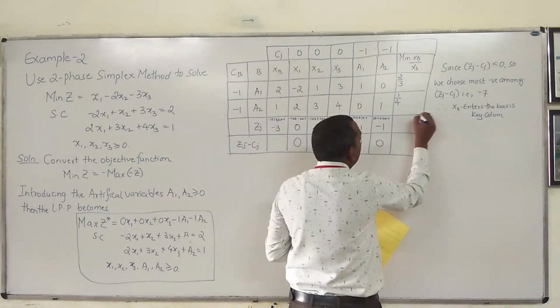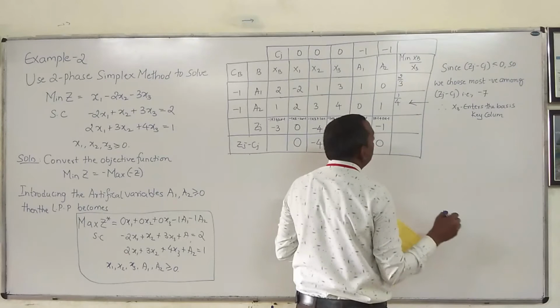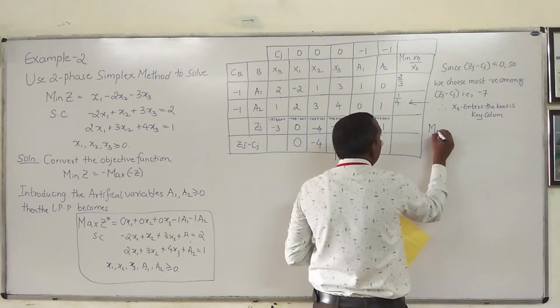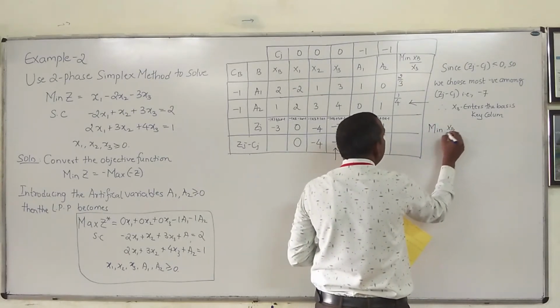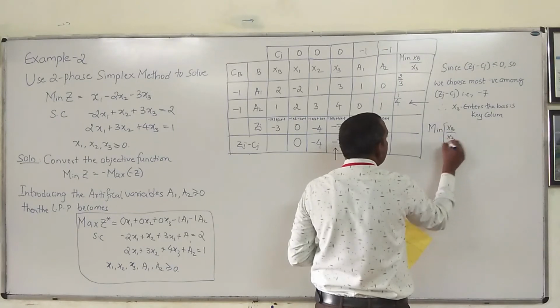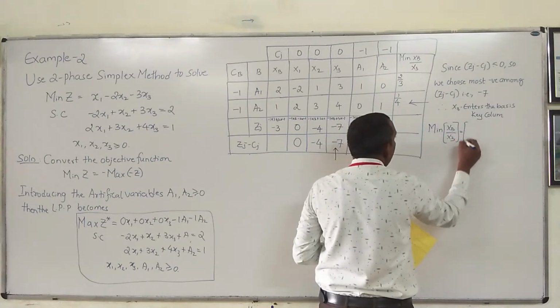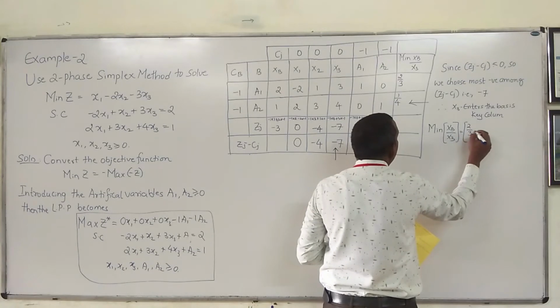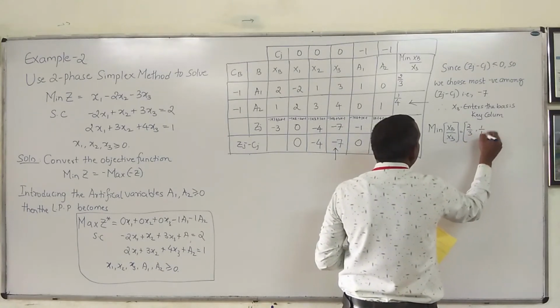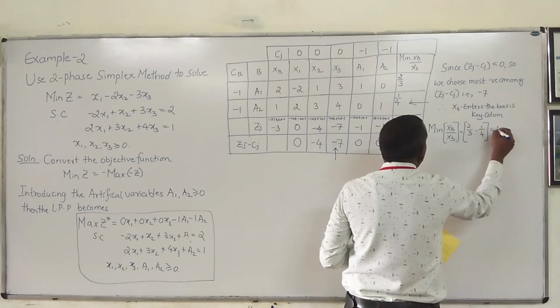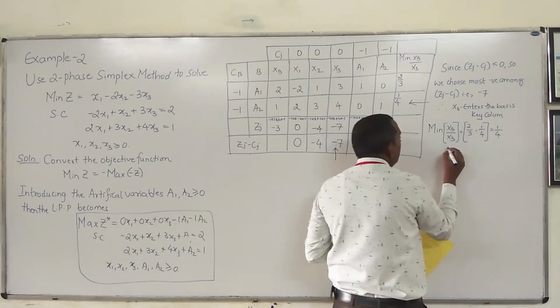Which is the minimum? Minimum of xb upon x3 is 2 by 3, 1 by 4, and 1 by 4 is the minimum.